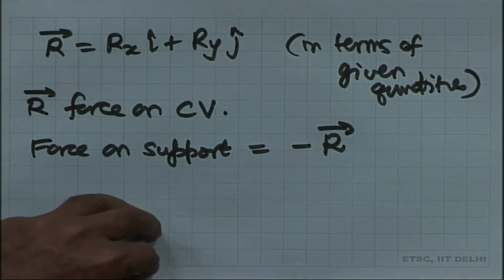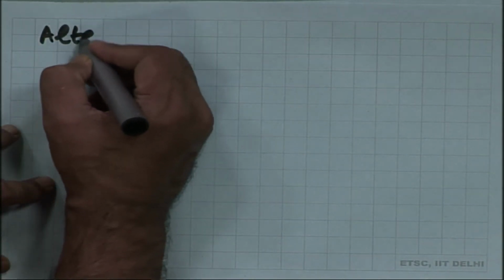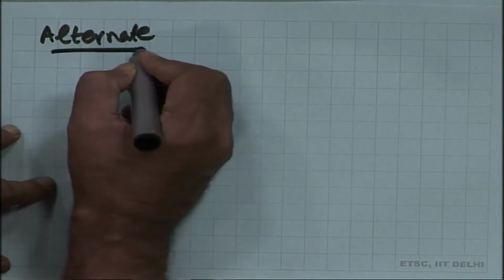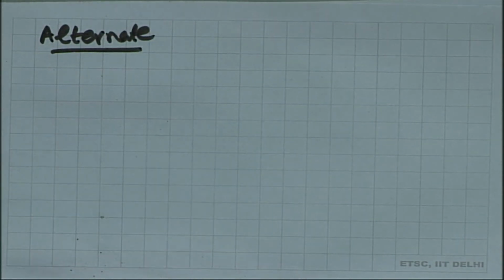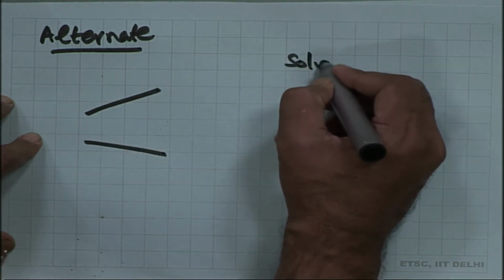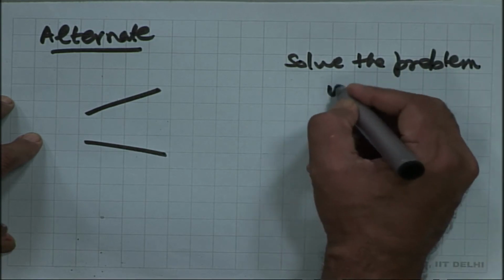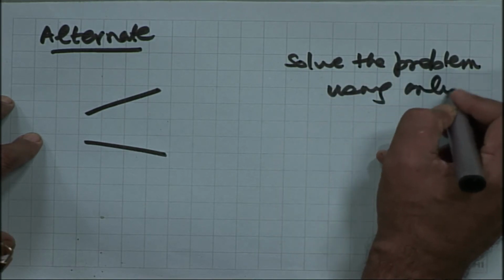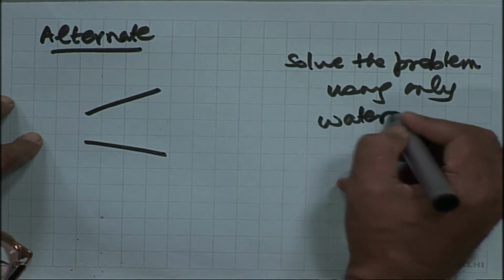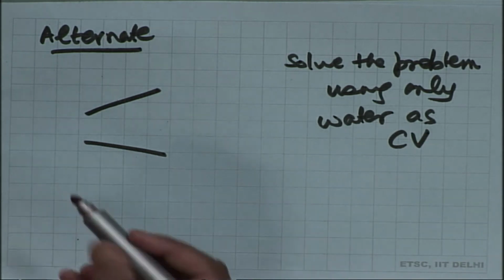Now, notice we took this control volume. Somebody else could have solved this problem, and I will just show you how this will not be so easy. Suppose somebody decides to solve the problem using only water, or this fluid which is flowing, as the control volume.